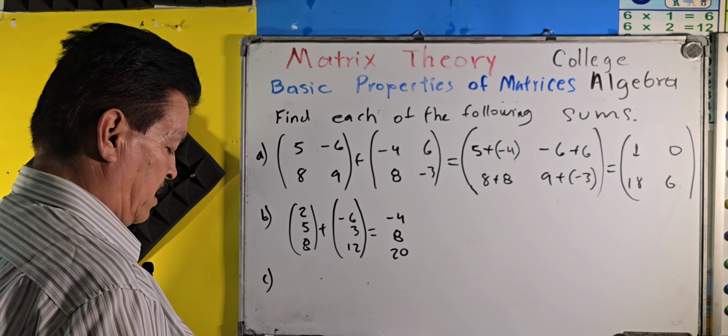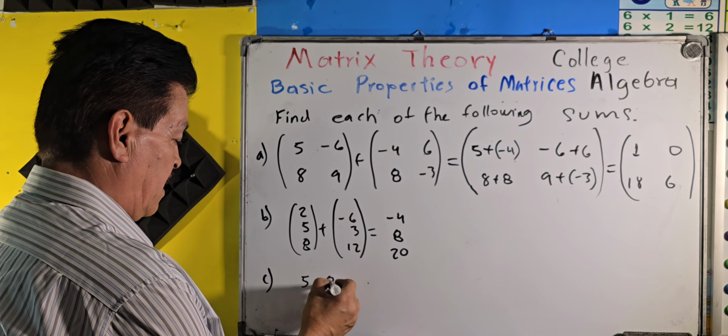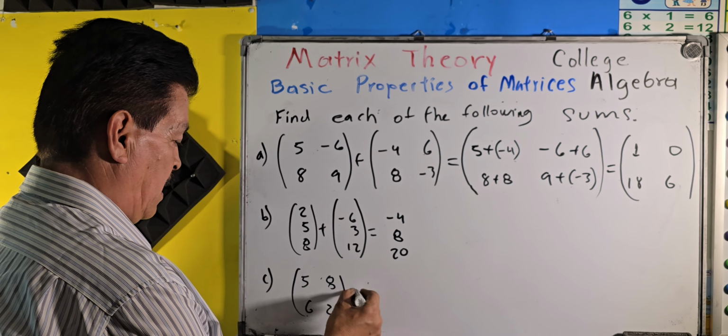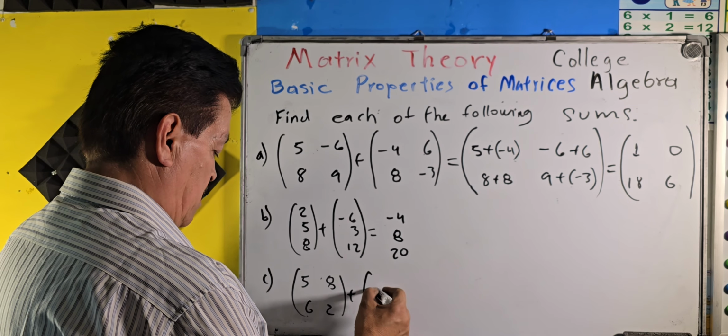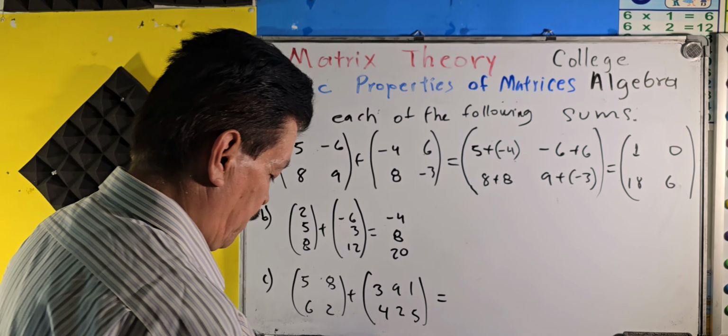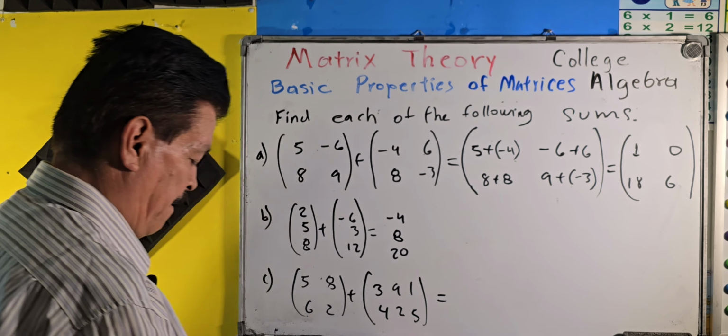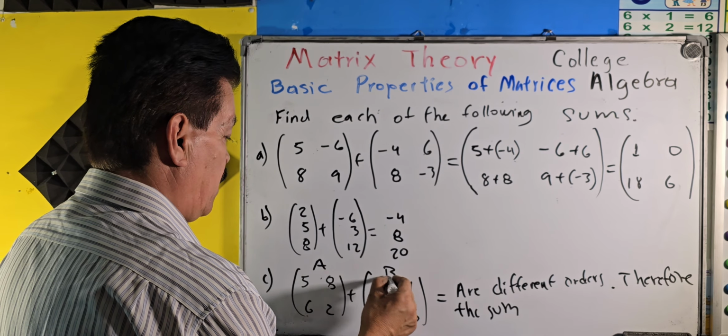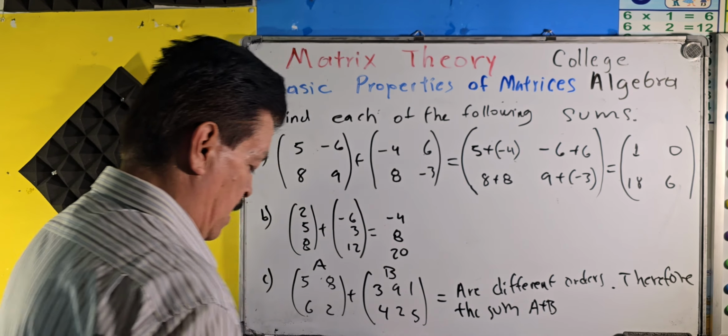For instance, let me give you this example. If we have this matrix, 5, 8, and then 6, 2, added with 3, 9, 1, and then 4, 2, and 5. What happened here?